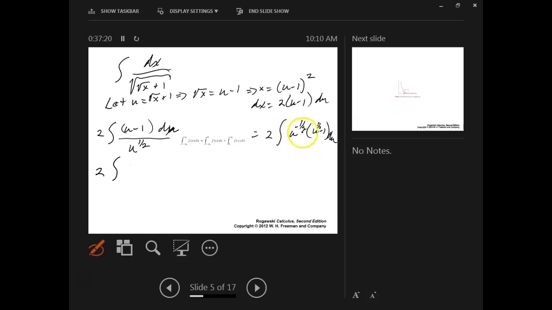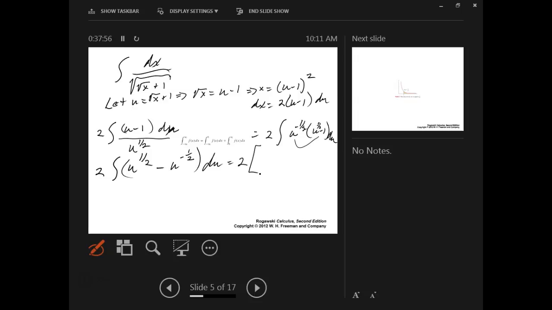So u to the negative 1/2 times u to the positive 2/2 is u to the... keep the base, add the exponents. Got it. u to the 1/2 minus, I'll distribute the other one, negative 1/2 du.